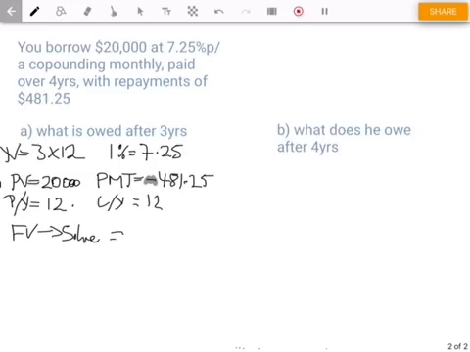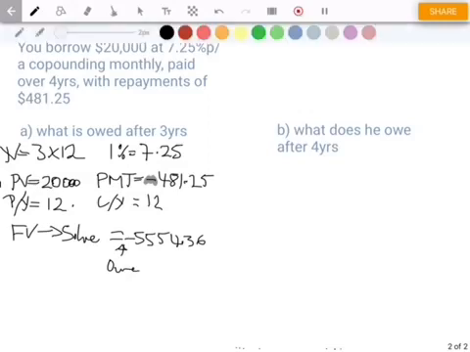You're going to find that comes out as equal to negative 5,554.36. Alright, so the negative there tells us that you still owe someone money.